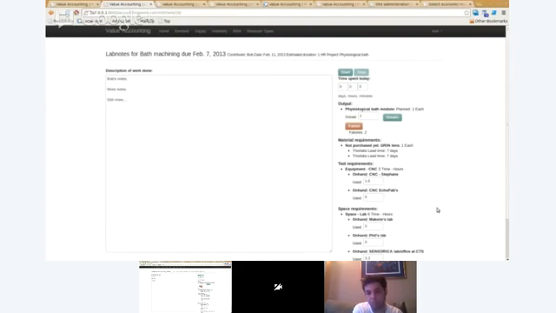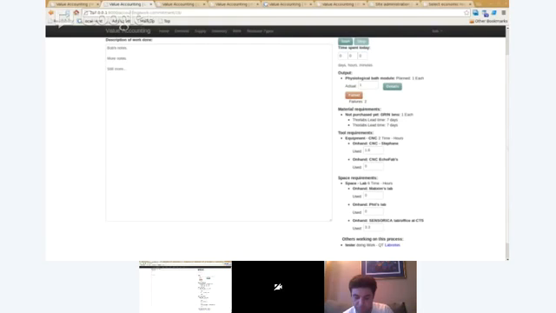One of the reasons that I want to do that is because this lab notes form is technically really complicated. I probably will do something simple to begin with, but eventually, yes, I would like to have a button over here to add a material requirement, add a tool requirement, add a space requirement, add another work requirement.